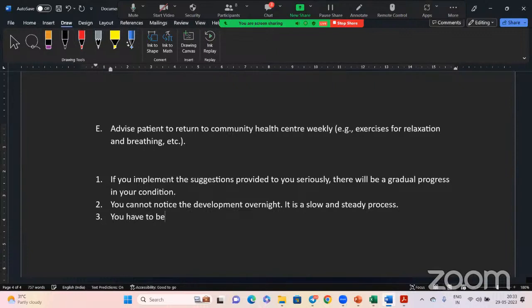You have to be patient enough to give yourself sufficient time to rest. There is no need to worry.